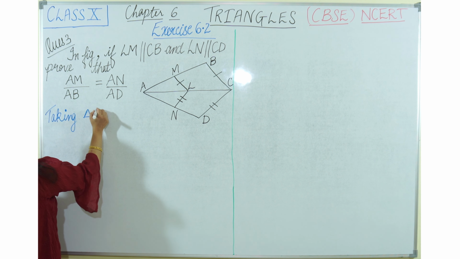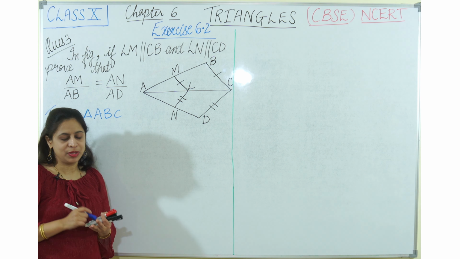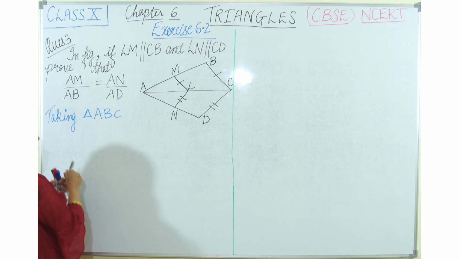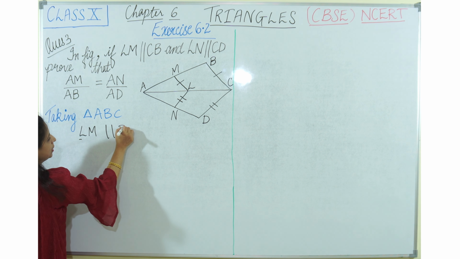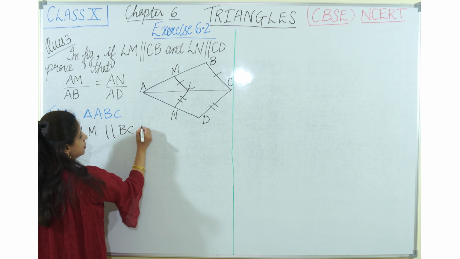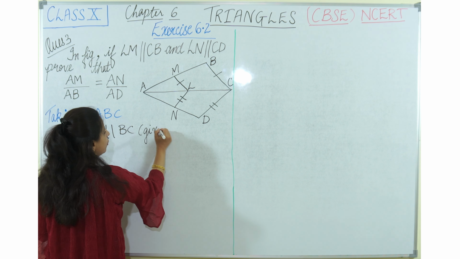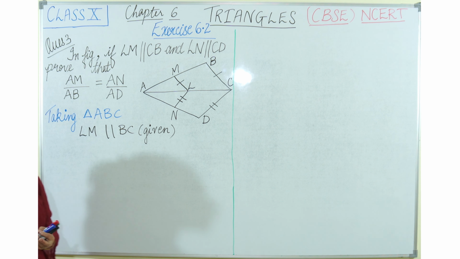Taking triangle ABC, LM is parallel to BC. It is given to us. So we can clearly apply the basic proportionality theorem, or the Thales theorem.